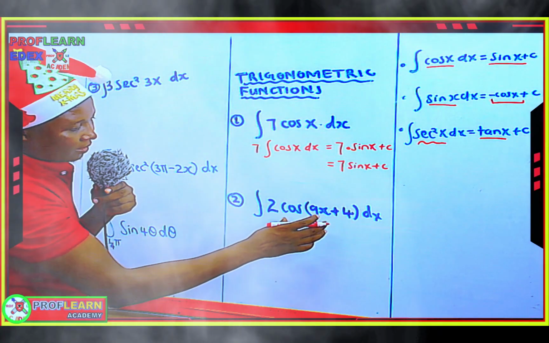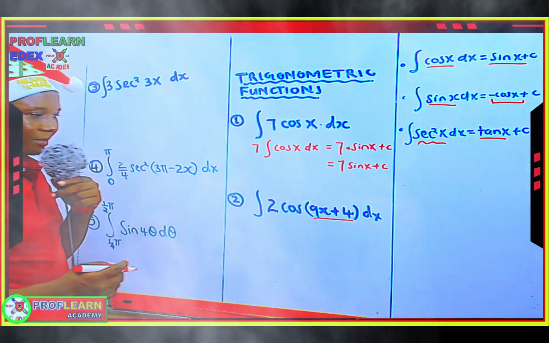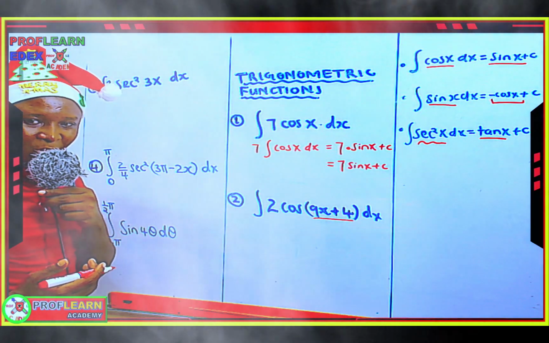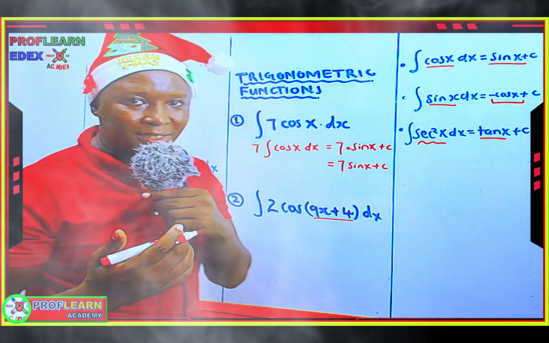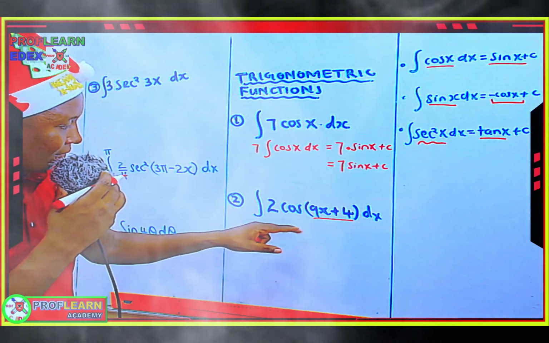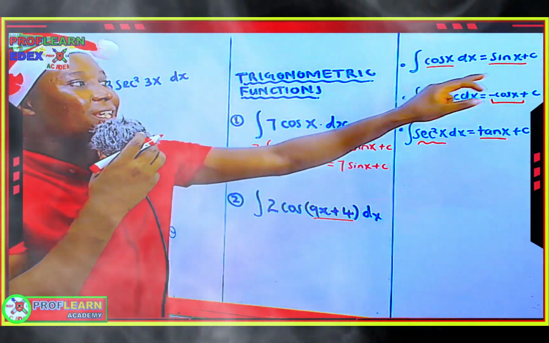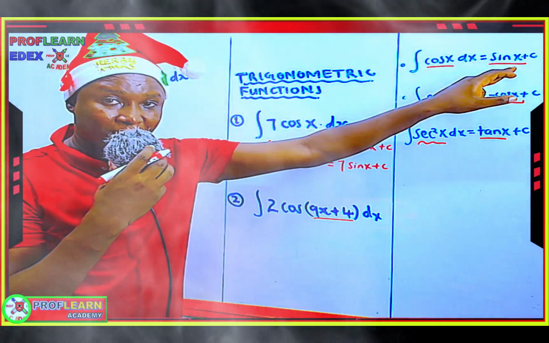If you're given an expression like this one, how are you going to work it out in order to perform this particular integration? First, you need to remember that integrating cos, you are going to get sine.